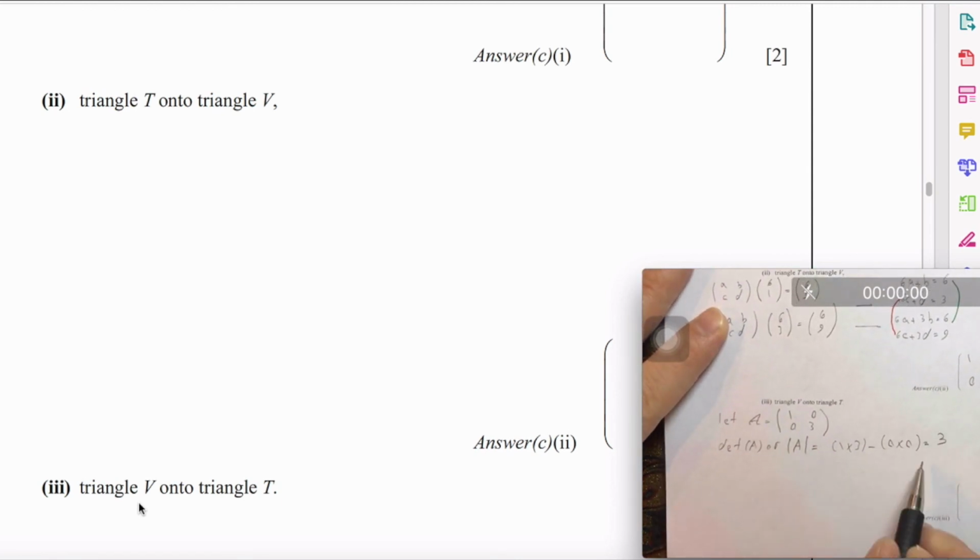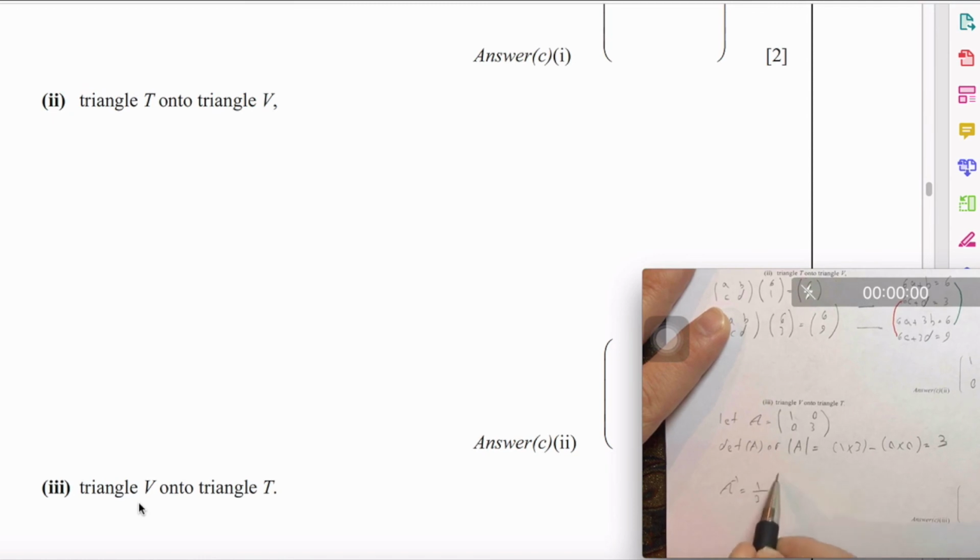So how do you find the inverse? The inverse will be 1 over the determinant, which is 1 over 3. Then these two elements switch their places. So 3 comes here, 1 comes here. You see? And these two become opposite sign. If they are positive, they become negative.